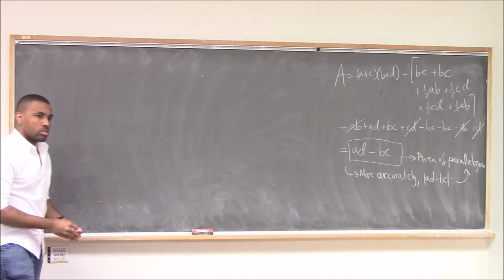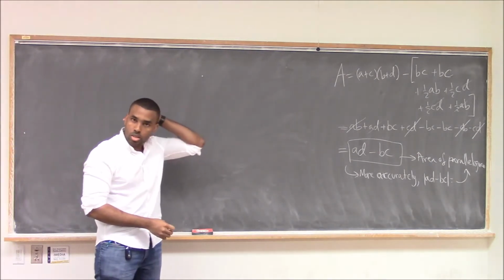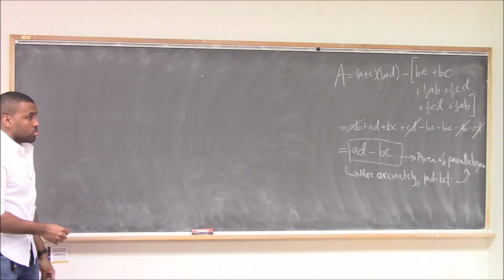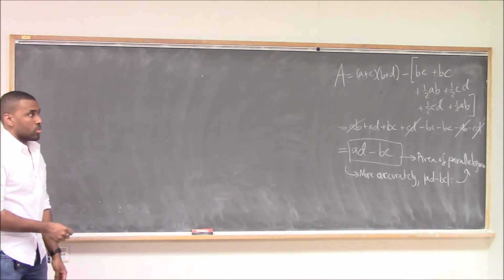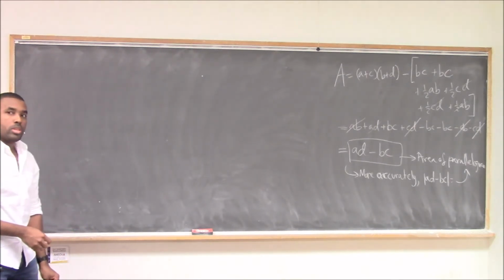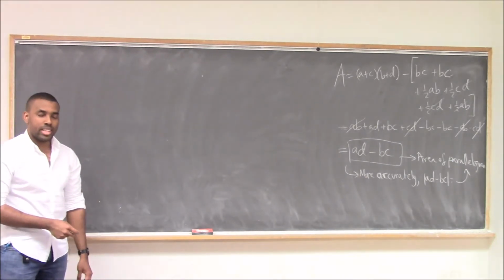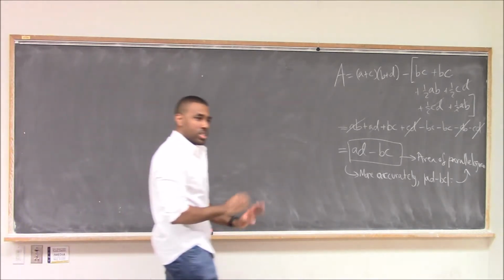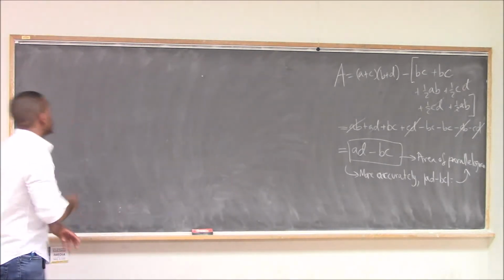Yes, but that's in 3-space. We're in 2-space here, so it doesn't really apply. Is there some correlation between orthogonal vectors and the area between them? Yes, there is, and you looked at that in Calc 3, but I'm not there yet. We're still in 2D for now. We'll talk about 3D in a little bit.